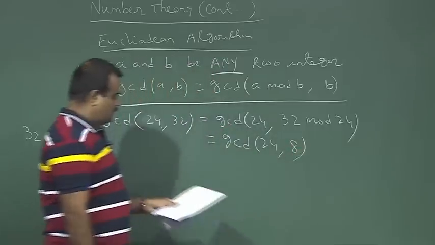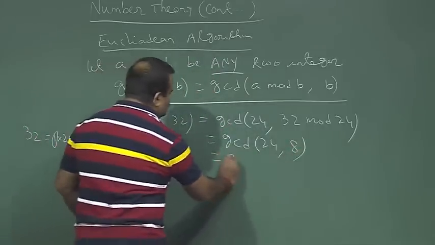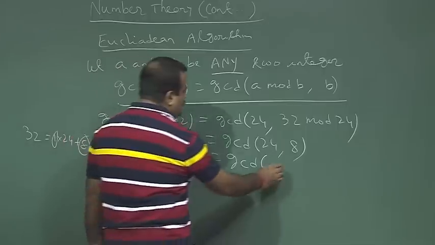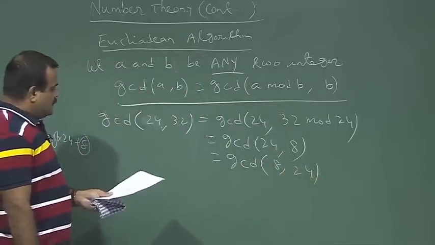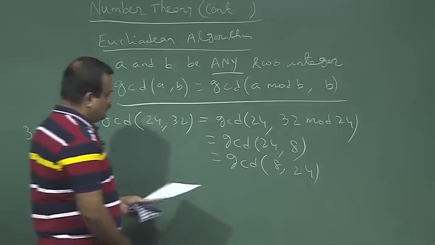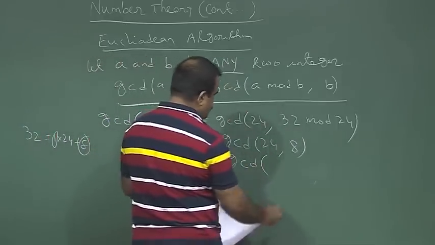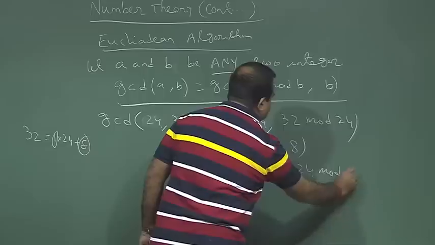24 comma 8. Okay. Again, GCD of a, b is basically GCD of b, a, so we can just take it there, and then we take 24 mod 8.